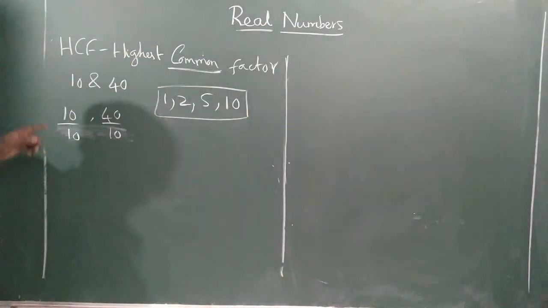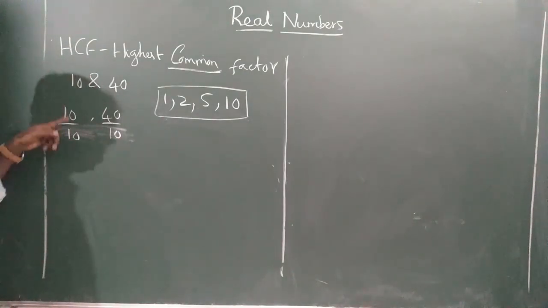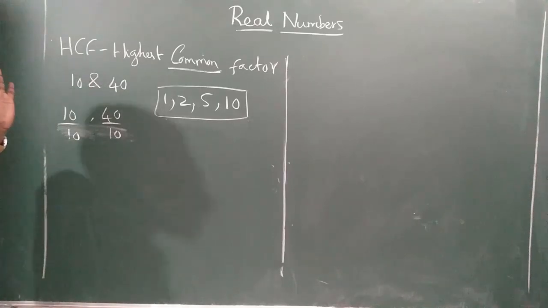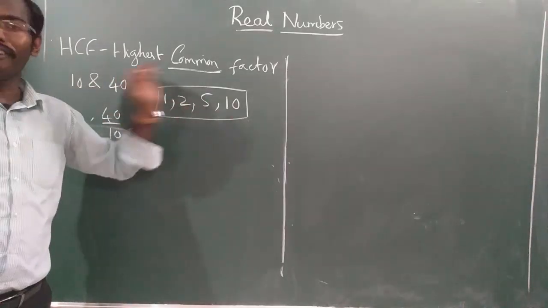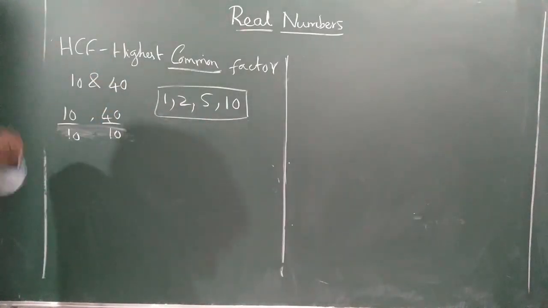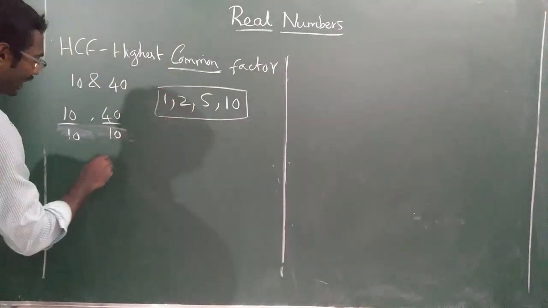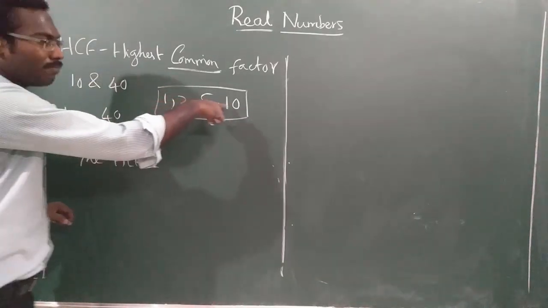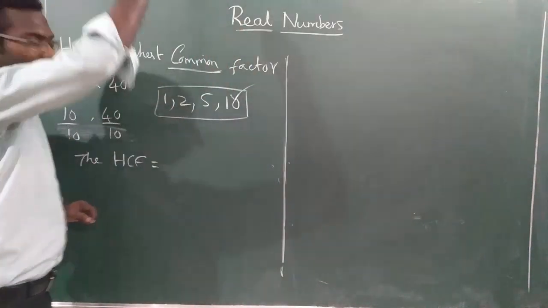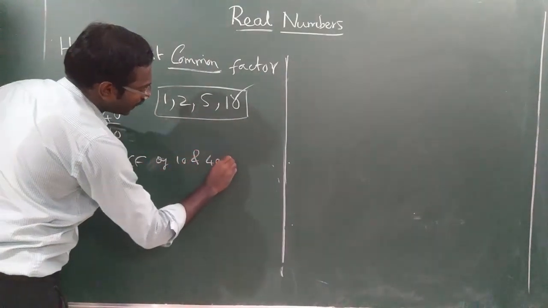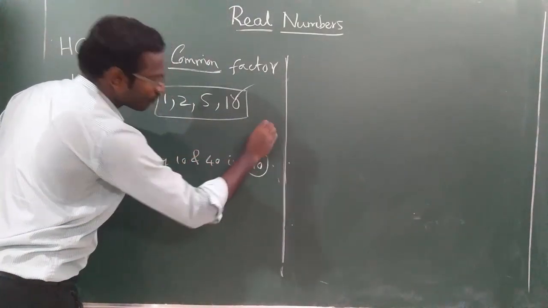No, not possible. 11, 12 and all will be greater than 10. So only 4 common factors: 1, 2, 5, 10. Among these, which one is the highest common factor? 10. So the HCF of 10 and 40 is 10.